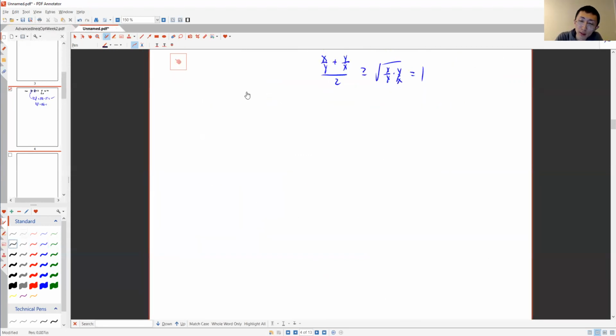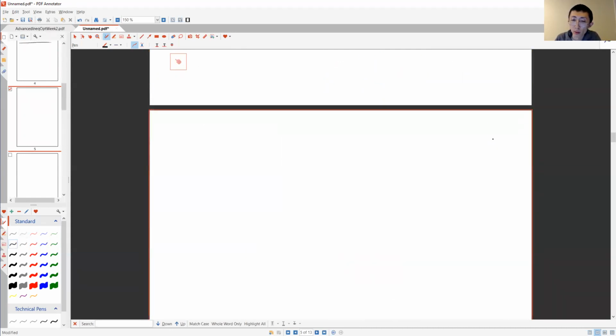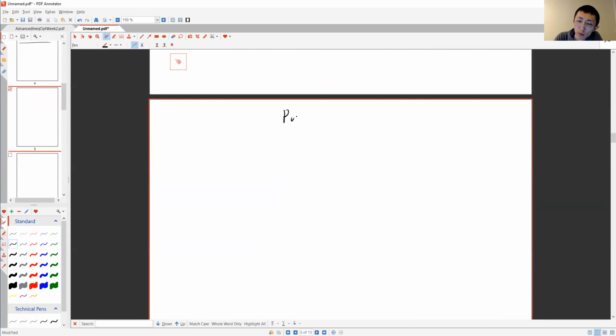So, let's just start on a new page. Proof of AM-GM. Just in case it's not clear, AM stands for arithmetic mean and GM stands for geometric mean. And you can put the word inequality after it, but people will generally know what you mean.